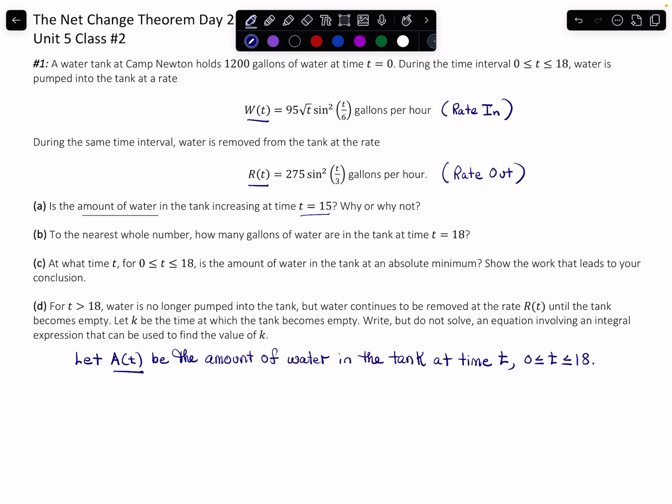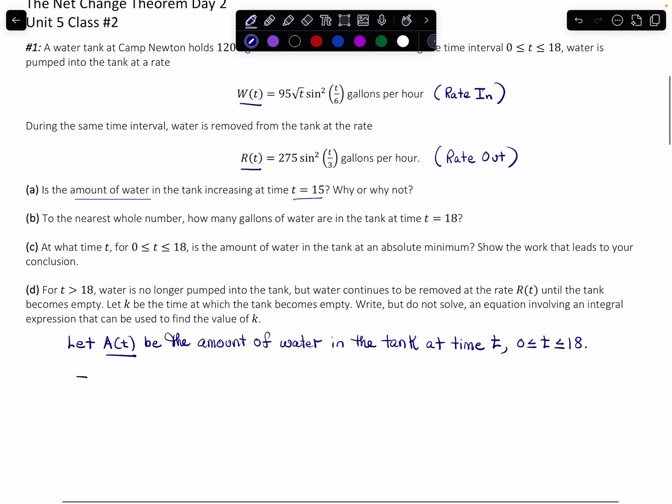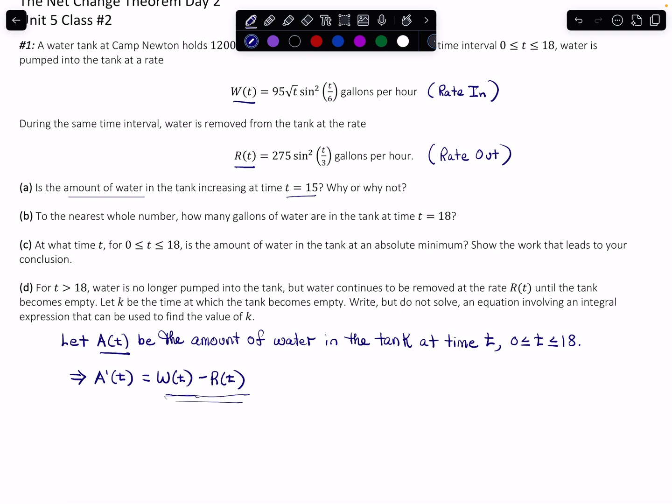This is the most important thing about this problem. If A of t is the amount, then the derivative, A prime of t, is the rate at which water is being pumped in, W of t, minus the rate at which water is being pumped out. Remember, these are rate functions, so it makes sense to say they are a derivative. But notice it's not just a singular function.